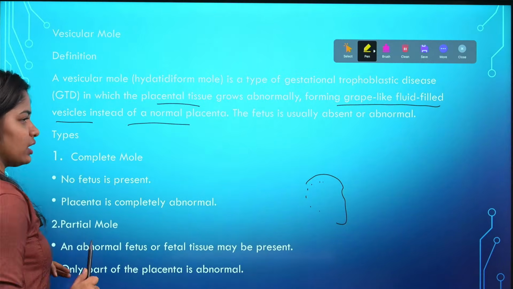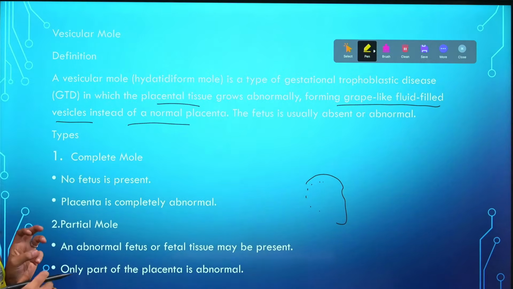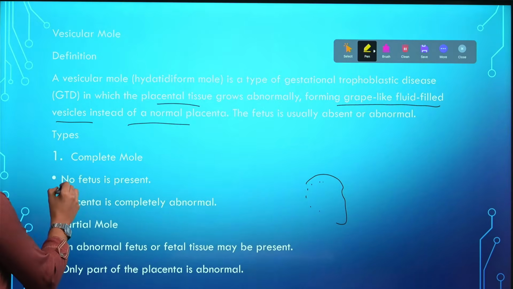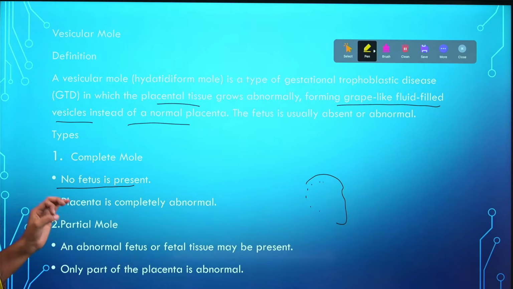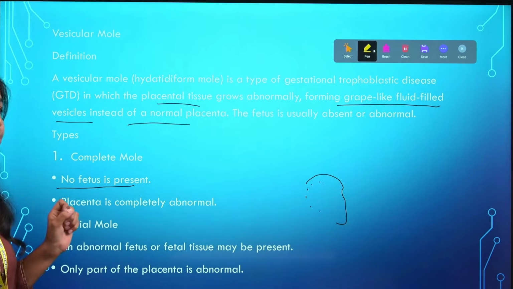There are two types: complete mole and partial mole. Complete mole means no fetus is present in the uterine cavity, and the placenta is completely abnormal.